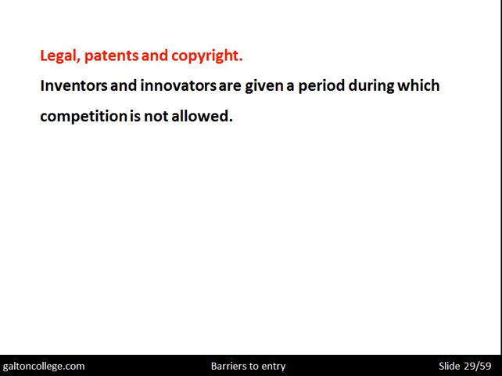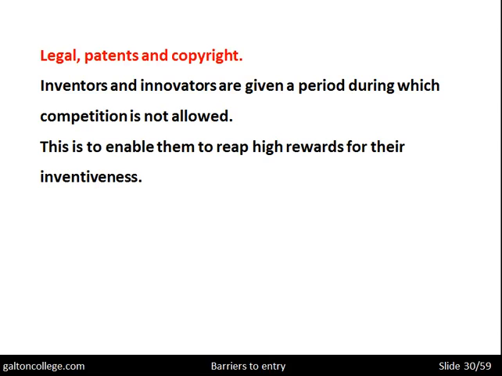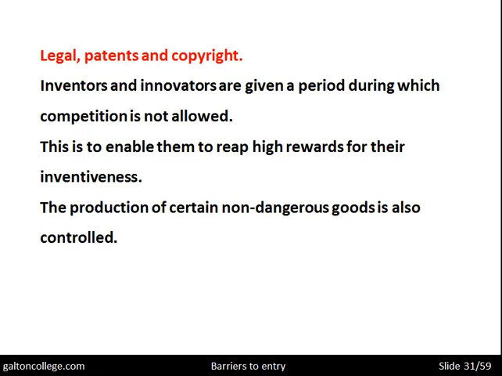So everyone has to wait until the legal protection runs out. When the legal protection runs out, then they may start competition. They may start up against the companies. So legal or patents or copyright restrictions may act as a barrier to entry. It's to enable them, as I said, to reap the rewards of their inventiveness.